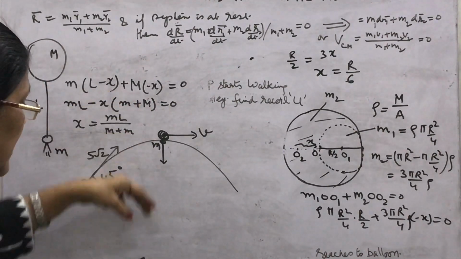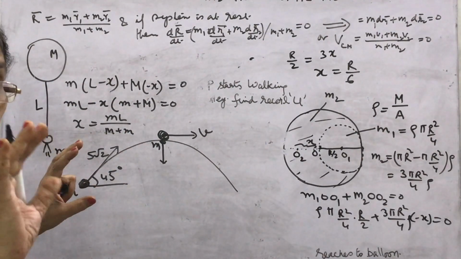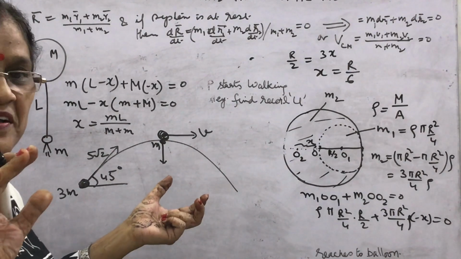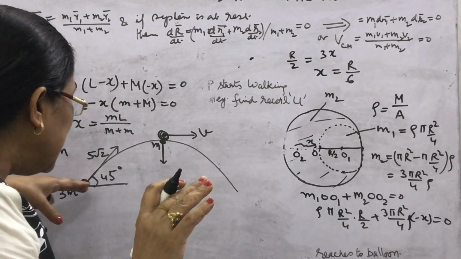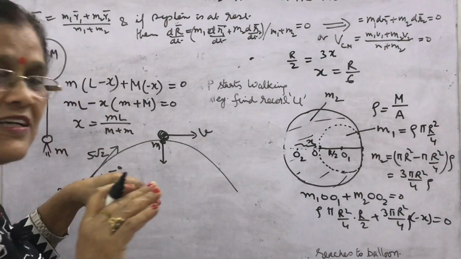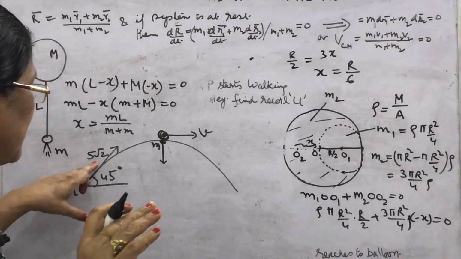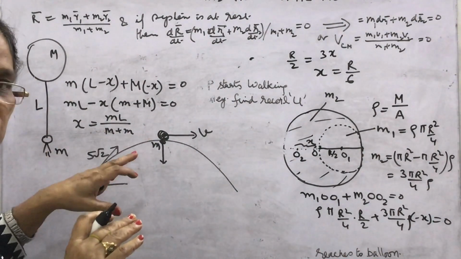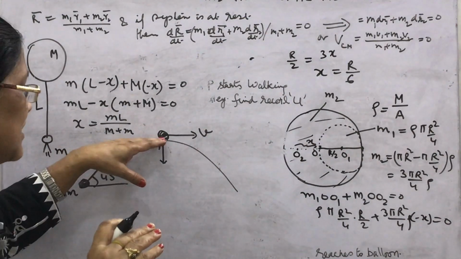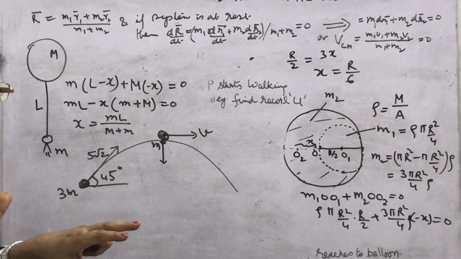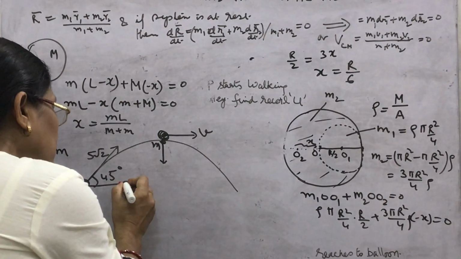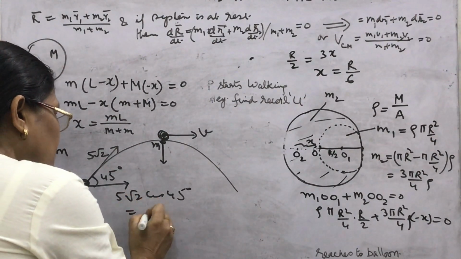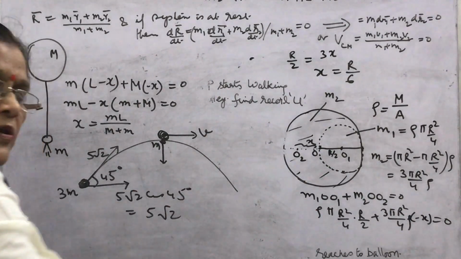Because the force is in the vertical direction. The shell is fired with velocity 5√2 meters per second. If you take the components in horizontal and vertical, the vertical direction has force, but in the horizontal direction there is no force because the velocity remains constant in parabolic motion. So this velocity will be 5√2 cos 45, that will be 5 because cos 45 is 1/√2.